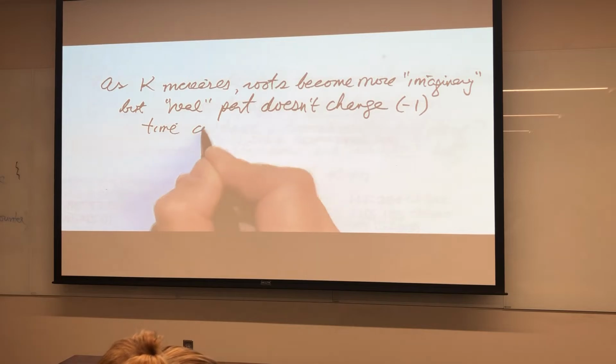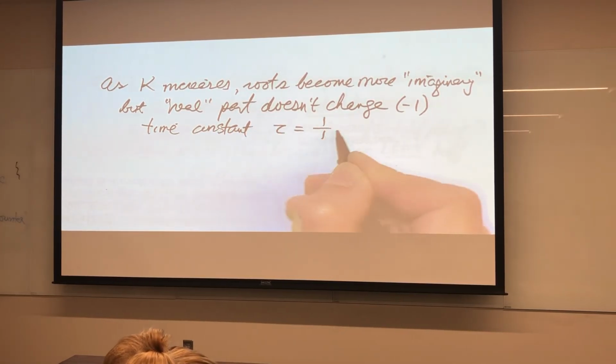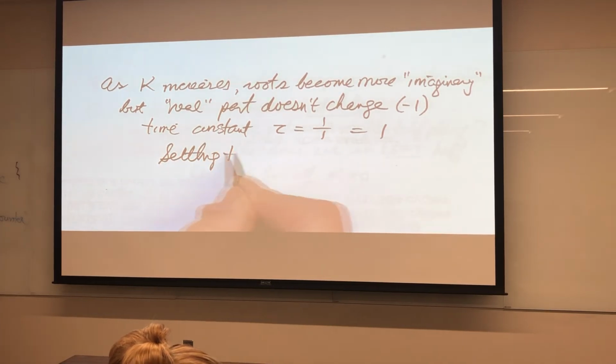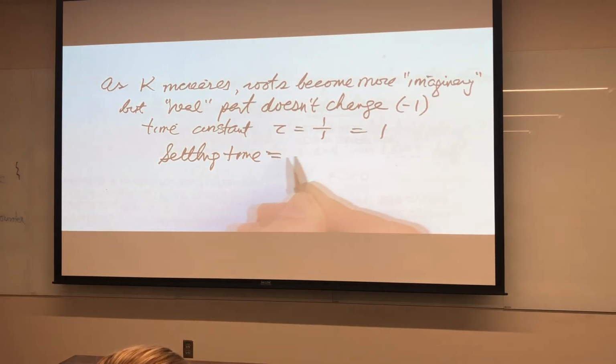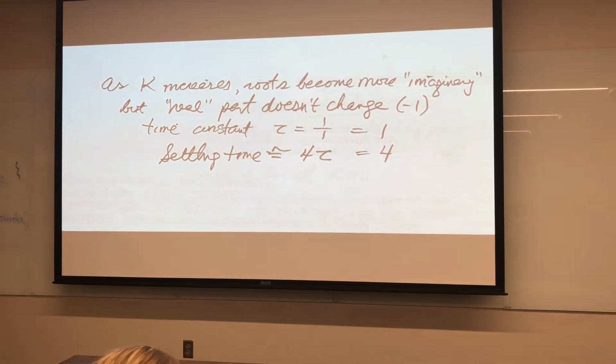So the time constant, tau, is equal to 1/1, which is equal to 1. So the settling time is equal to about 4 tau, which is 4 time units.